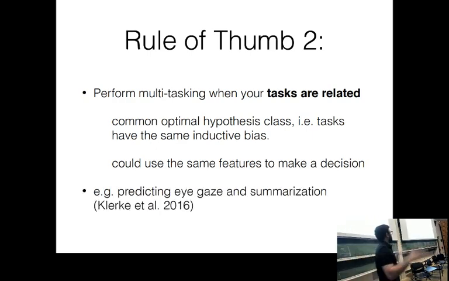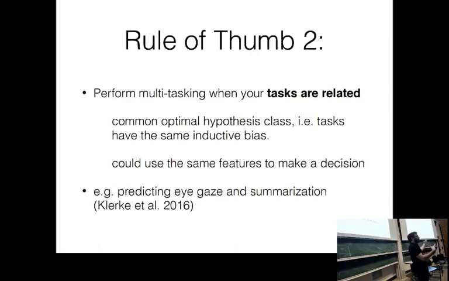And there are tons of examples of related tasks that have been used. One very nice one seems like two different tasks: one is summarization from NLP, summarization of big articles into concise short paragraphs, and the other task is predicting the eye gaze of humans.